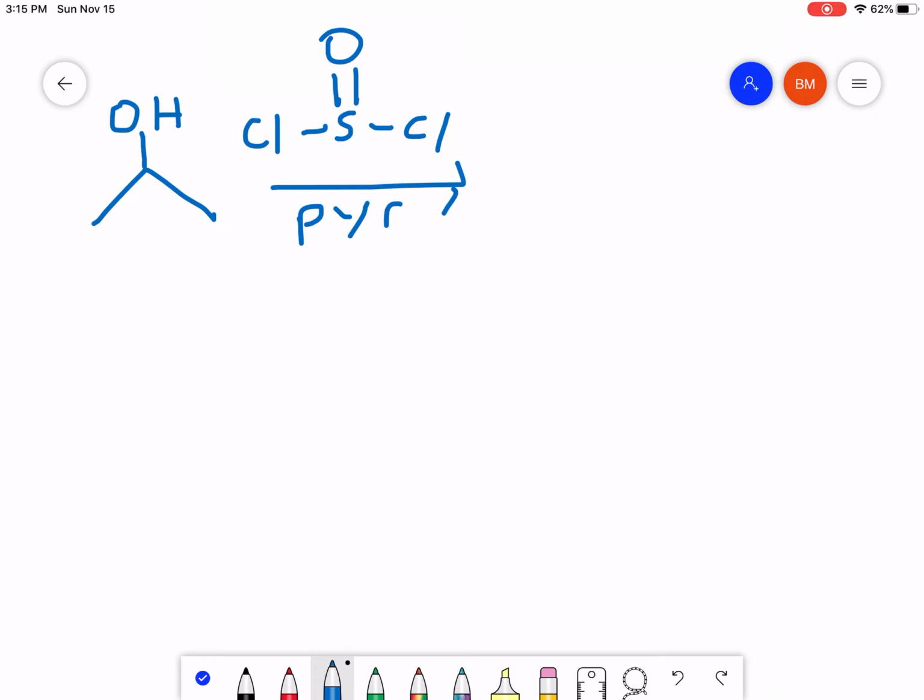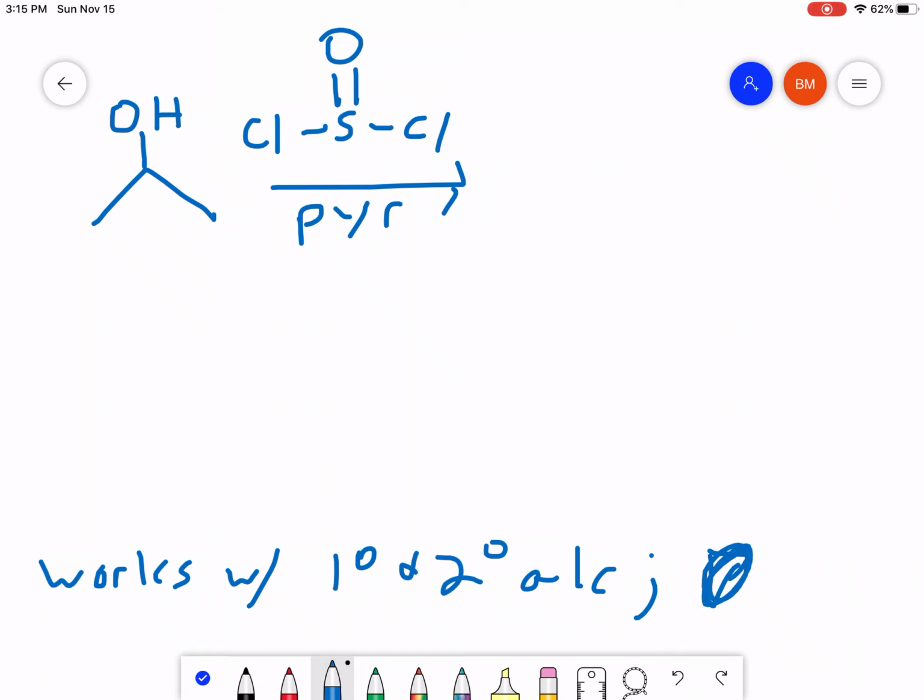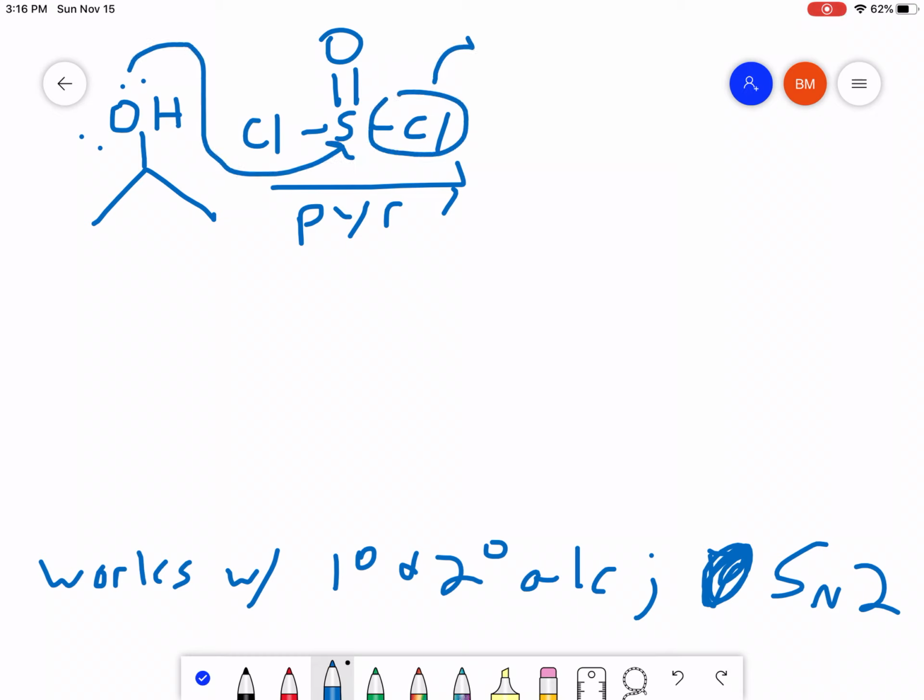It works with primary and secondary alcohols, and it is SN2. Just like we saw before, this basically involves an alternative formation of an alternative leaving group that's not water. So this OH is going to nucleophilically attack your sulfur, kick off a Cl minus.